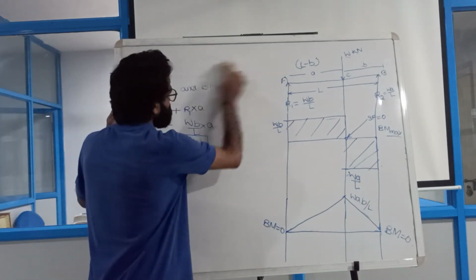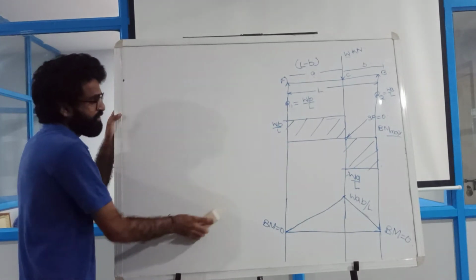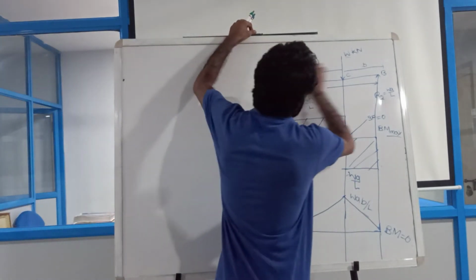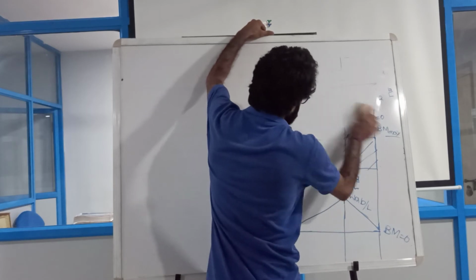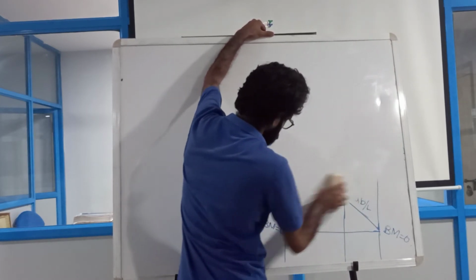That is step number 2. In step number 2, I am going to discuss the fixed beam values. So what is my step number 2?